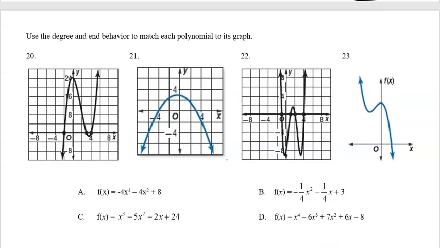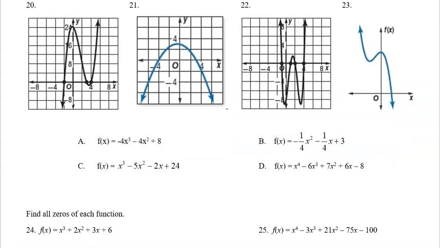Okay. For these, you should know based on functions, and there's two key parts to this function that tell what happens on the right side and what happens on the left. So we can read this first number, we call this the lead coefficient, and if it's positive, that tells me that the function has to go up on the right.